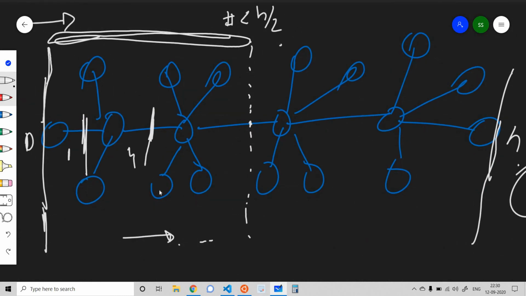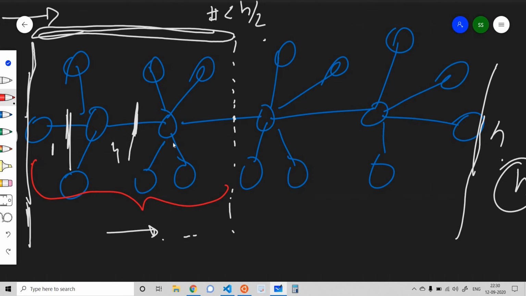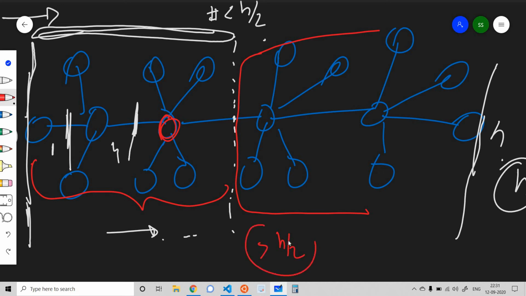So it will make sure that none of the nodes present on this section can be our centroid, because let's say we are deleting any vertex from this section, then this is only one component and it is having more than n by 2 nodes, so this won't be our centroid. So this section cannot have our centroid.